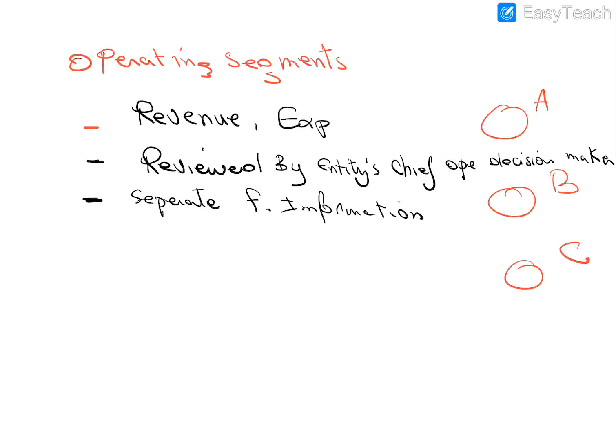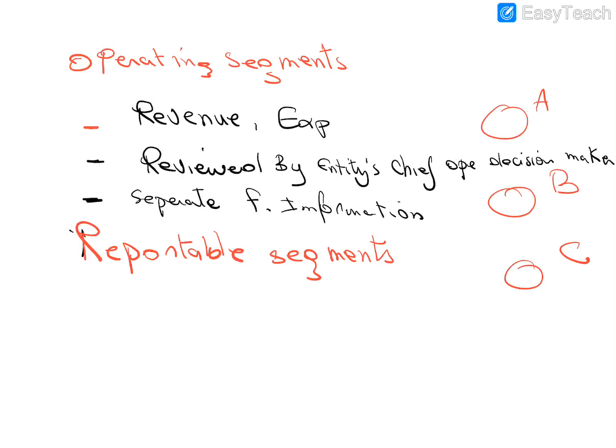So for it to be reportable, there is another term defined by IFRS, which is reportable segments. This reportable segment is actually an operating segment, and the information is disclosed in the notes to the financial statements.